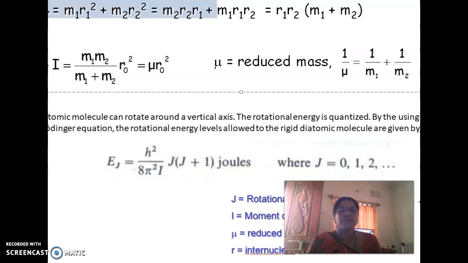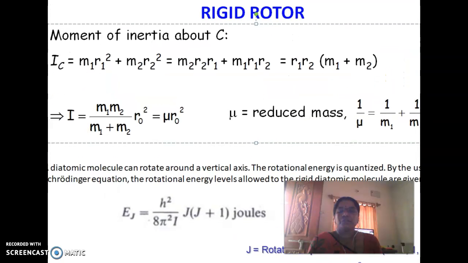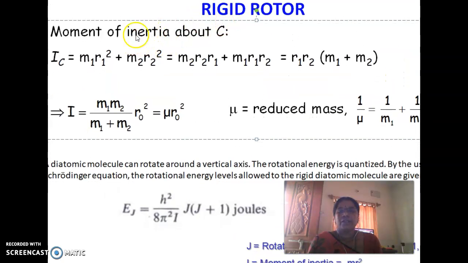So in case of rigid rotor, we are going to talk about the moment of inertia about C. As I said, I is equal to m1 r1 square plus m2 r2 square in the previous section, right?